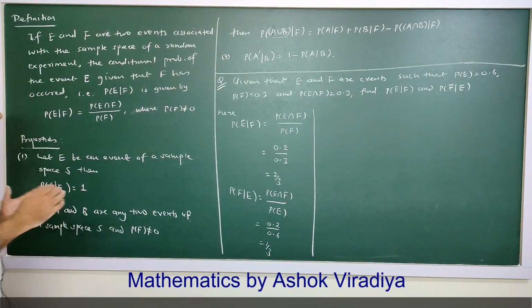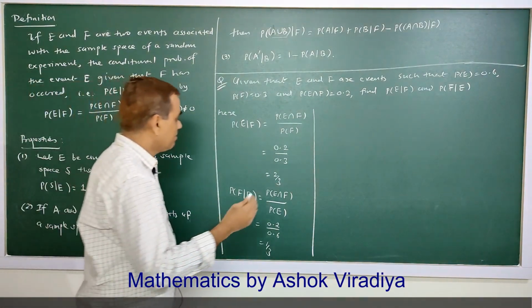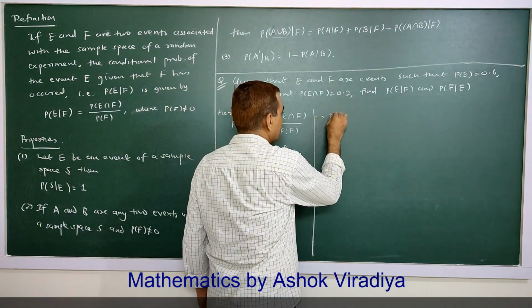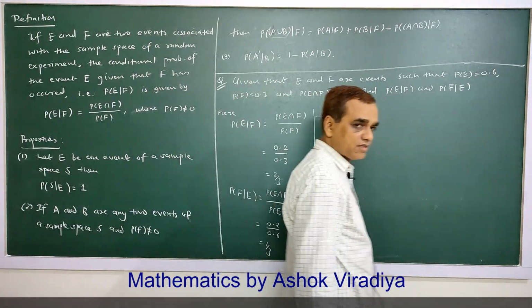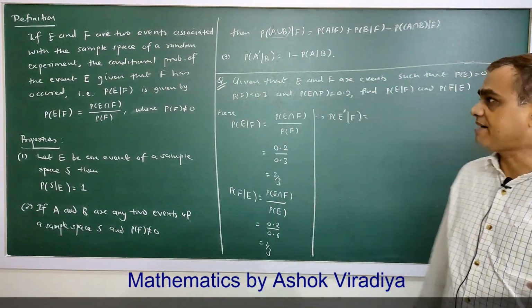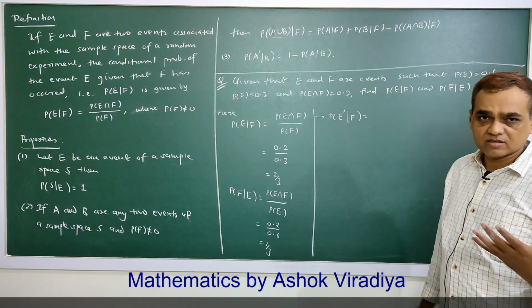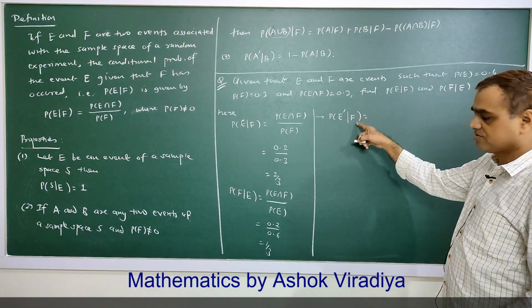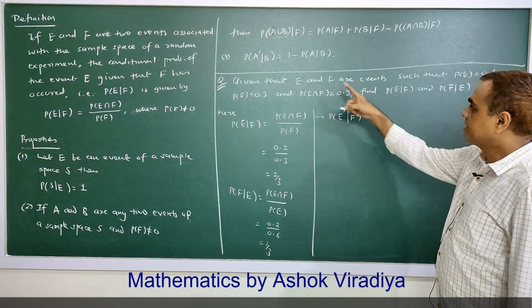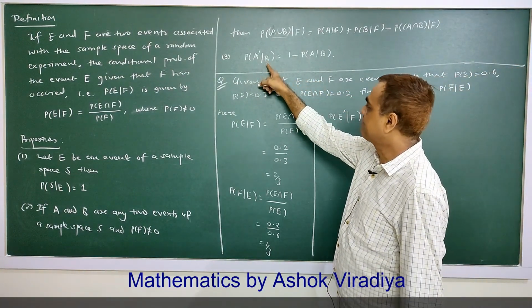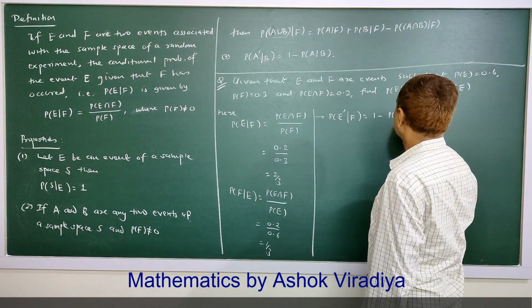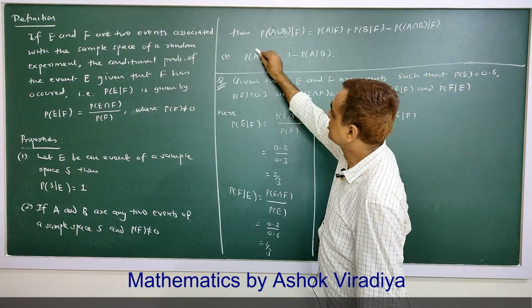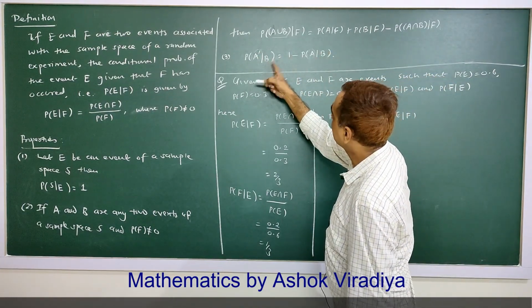So these two values are asked in this question. We can also calculate more. For example, suppose we want the probability of E dash given F. By this formula, the probability of E dash given F is 1 minus the probability of E given F. Here E dash, so keep E, and the condition F stays as it is.